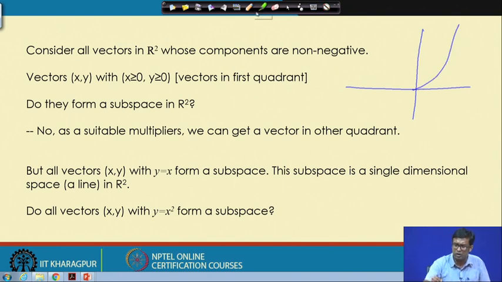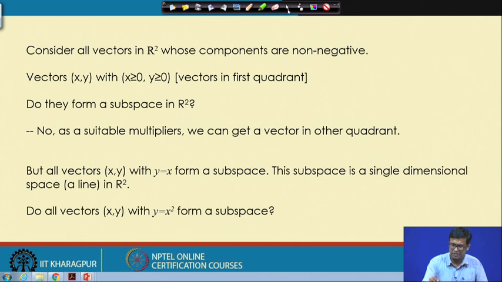Now, I will think about any vector pointing here, say this is x and this is y. So, this does not become y equal to x square, sorry. So, I will draw it again: y will be more than x, y is equal to x square.